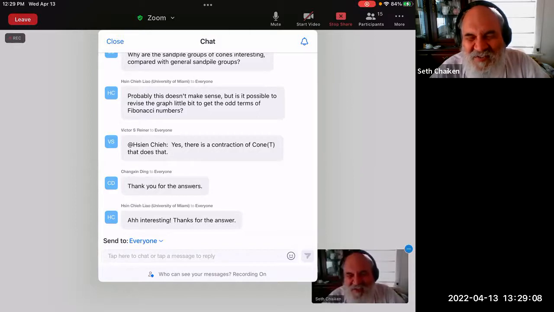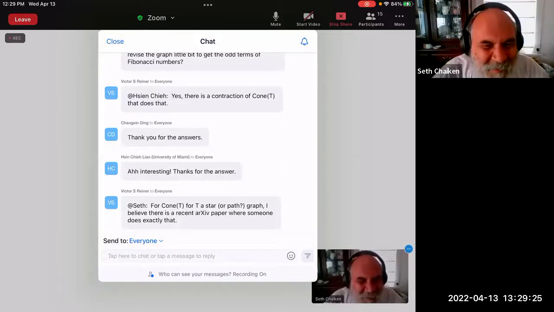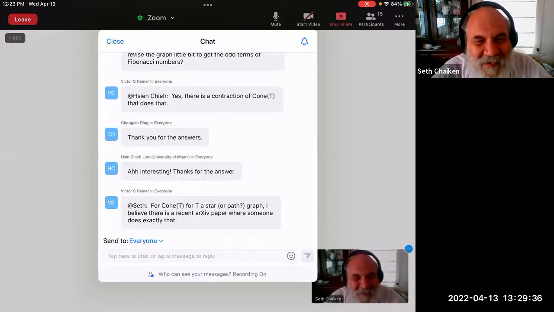I'm just suggesting that there might be interesting structure in the set of critical configurations. Okay, so just look at the set of critical configurations in relationship to the Sandpile groups. I see Vic put a note in the chat to me. Someone's done that for a star graph. Yeah, thanks.